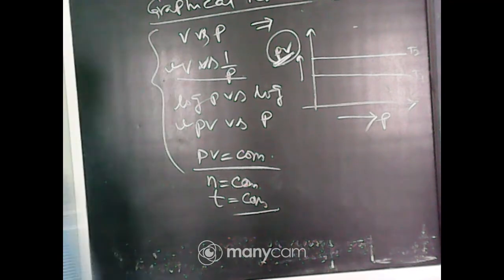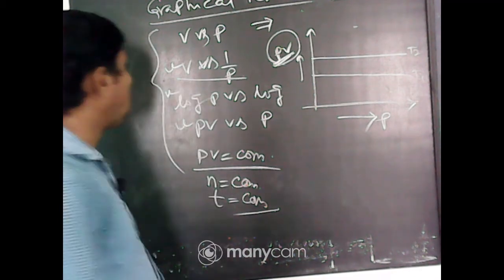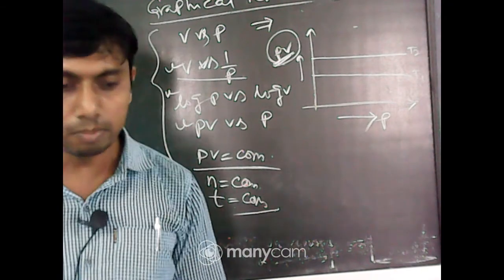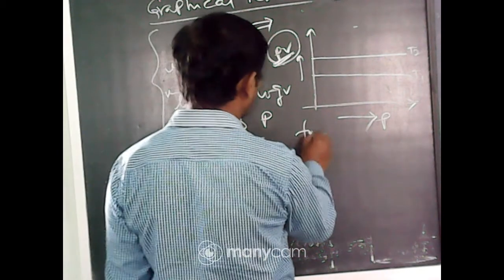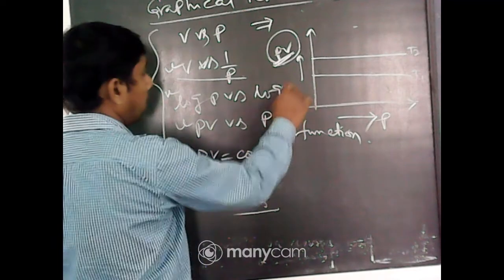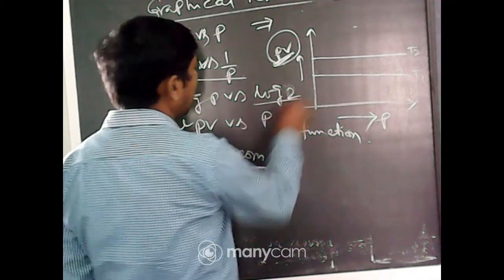Next I will move to another plot. Okay, thank you. So, the left one is log P versus log V. Now, log P, do you have the concept of logarithm? Logarithm is a function, and when a numeric data is there, it gives a numeric value.